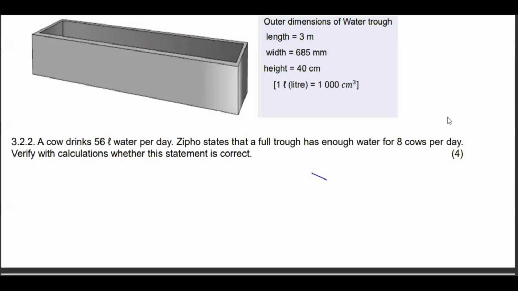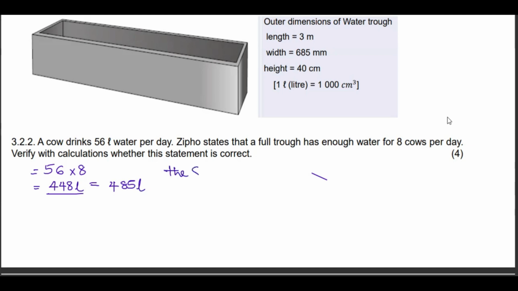A cow drinks 56 liters of water per day. Zippo states that the trough has enough water for 8 cows a day. So let's see, this is times 8. The number should equal the volume of the water or be less than it. These are liters. But we found out that the trough can hold 485 liters.